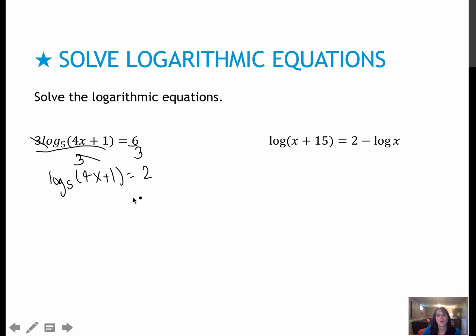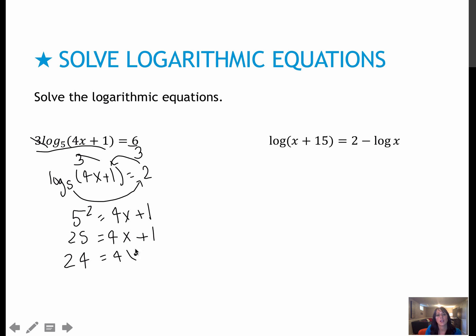This is a single log with a constant, so easiest way is to say 5 squared equals 4x plus 1. 5 squared is 25. Plus 1, so we subtract 1. And then divide by 4. If I plug it back in, it's positive, so my answer is okay.